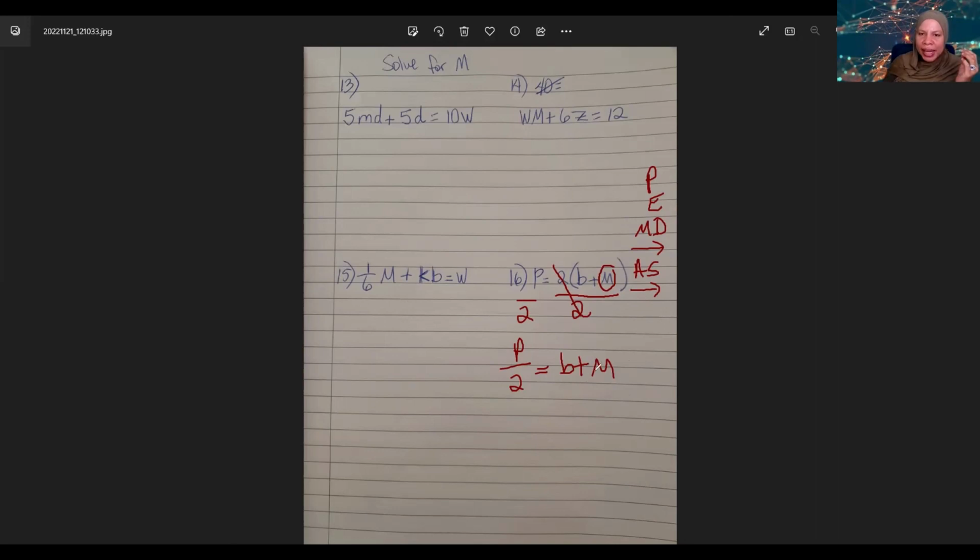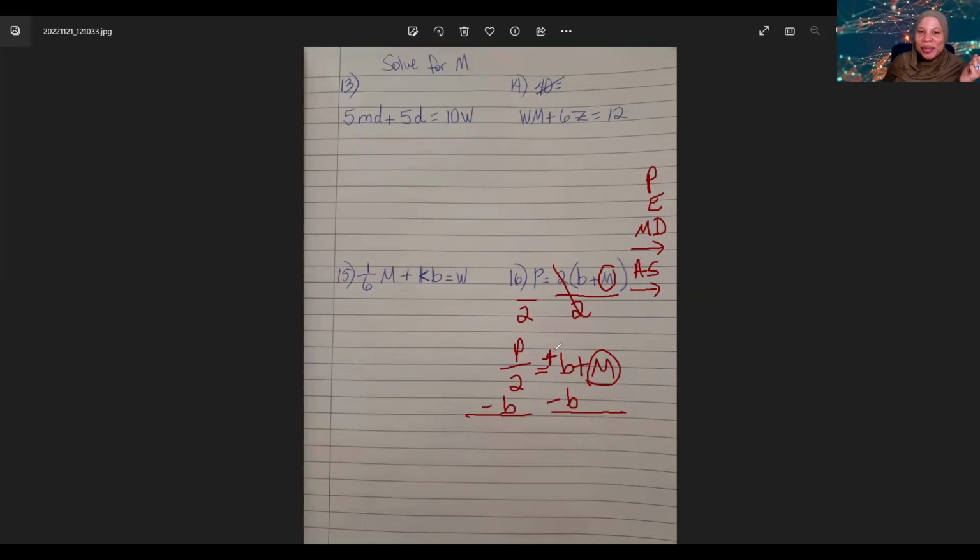And I'm trying to get M by itself. The only thing attached to the M is the B, and the B is positive. So I'm just going to subtract B from both sides. Oops, I'm about to make it a 6. Subtract B. I'm sorry, I was notified I have to do something in a few minutes, so I'm going to still leave it here as nice and neat as possible.